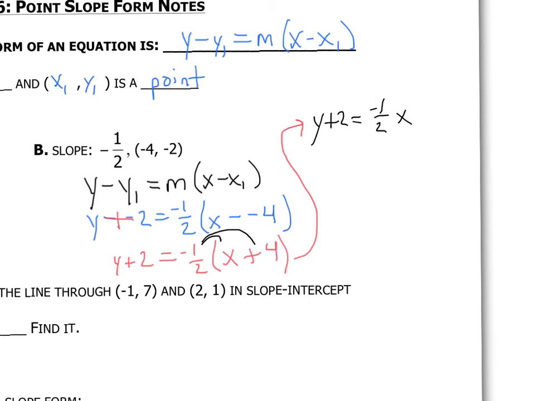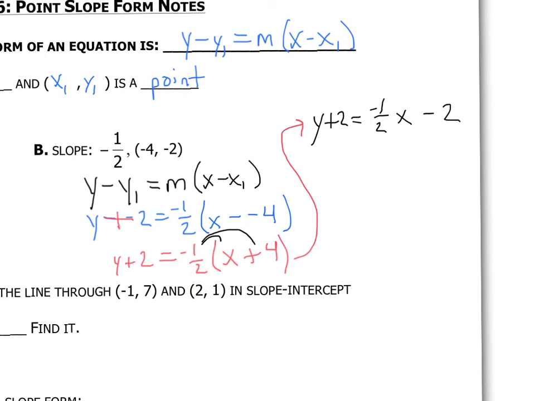Now, when multiplying to the number, remember what happens when you multiply numbers times fractions. Multiply times the top, then divide by the bottom. 4 times negative 1 is negative 4. Negative 4 divided by 2 is negative 2.